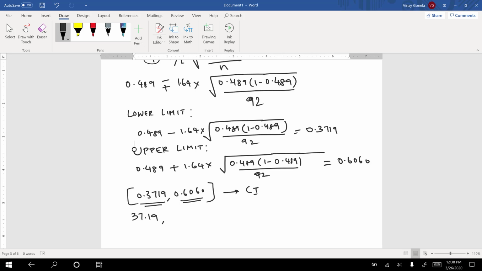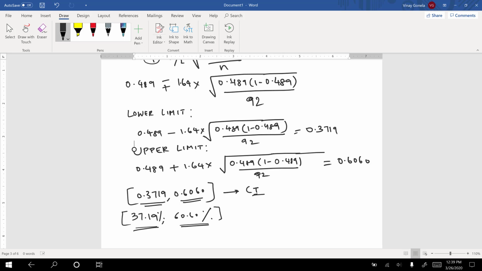The other way to interpret this is, if I randomly pick a person, the chance of them liking the color red is 37.19% to 60.60%. So this is the concept of population proportion.